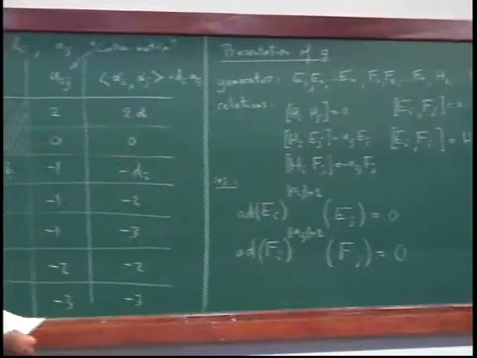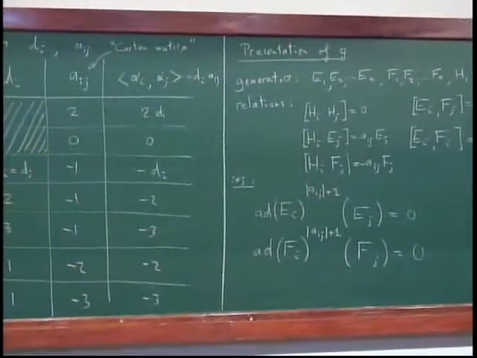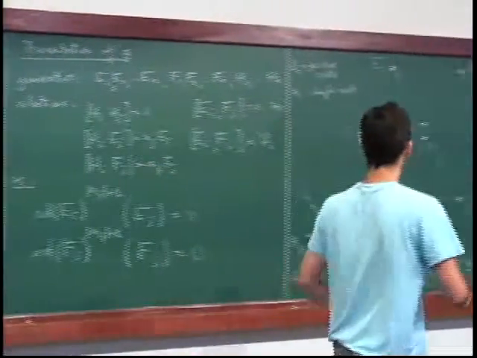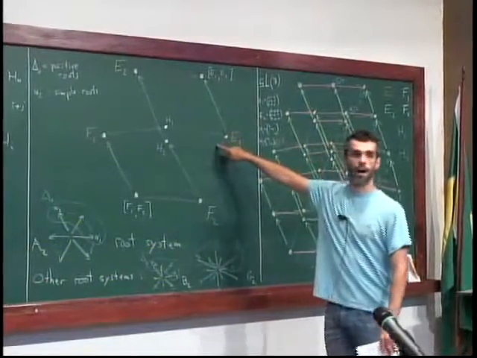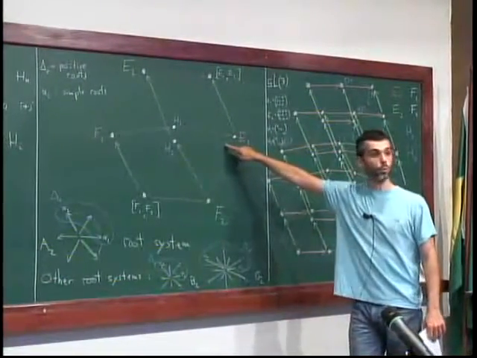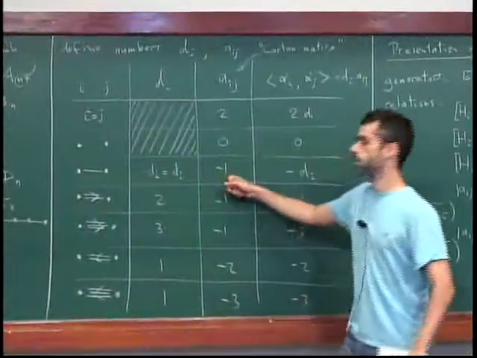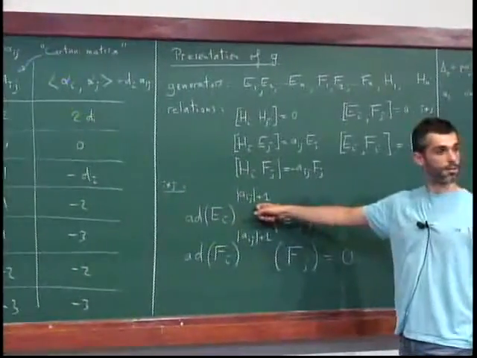So what are these relations here? Well, let's look at what it says in this type A2 case. In A2, we're in this situation, therefore Aij is 1, and therefore we're asking to repeat this operation twice.